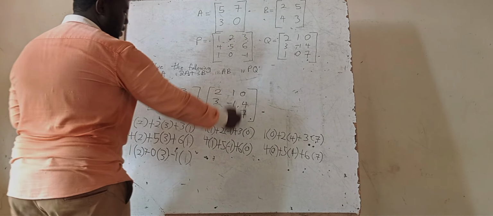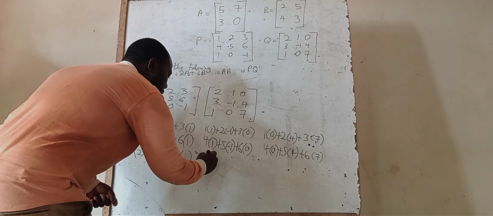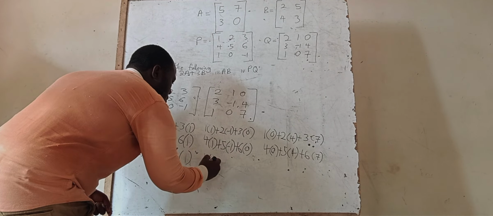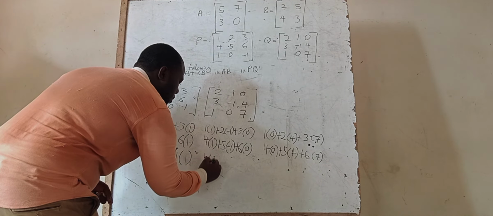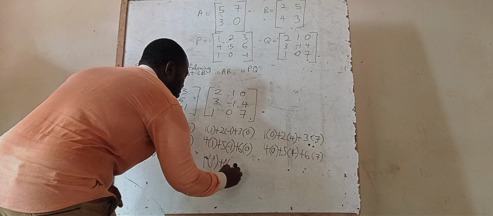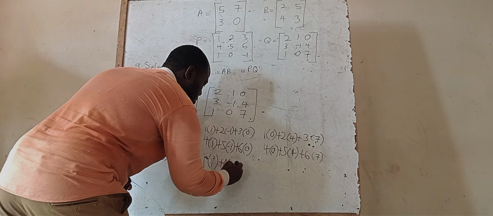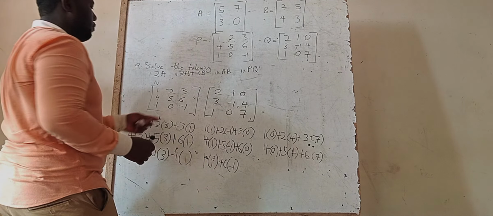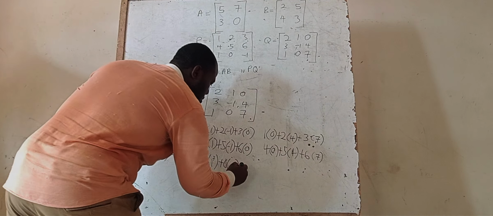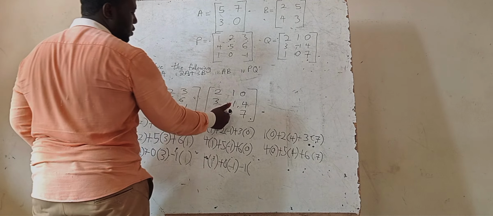We move on to the next column. You take 1, 1 will take on 1. You take 0, 0 will take on negative 1. You take negative 1. Negative 1 will take on 0.